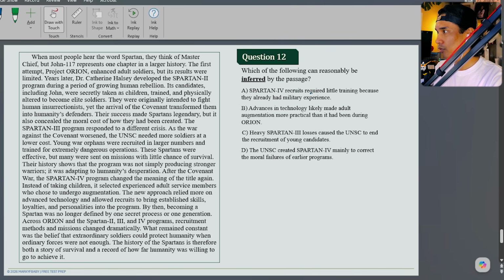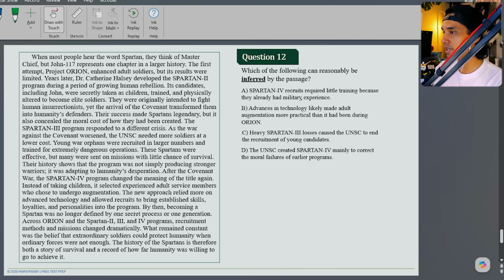Spartan 4 recruits required little training because they already had military experience. Okay. I want to say this is incorrect because it's an unsupported assumption.